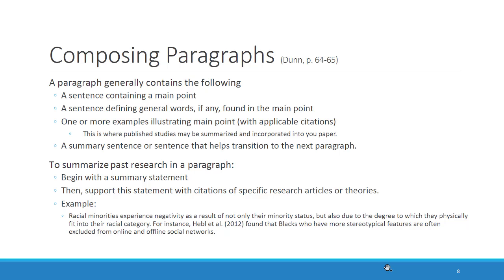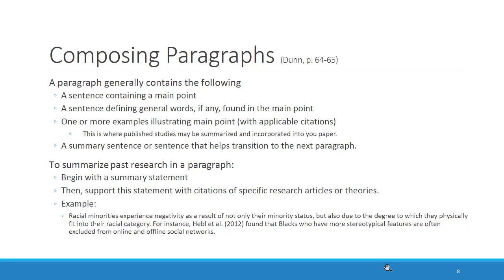To summarize past research in a paragraph, think about beginning with a summary statement and then support that statement with citations of specific research articles or theories. Here's an example. Racial minorities experience negativity as a result of not only their minority status, but also due to the degree to which they physically fit into their racial category.